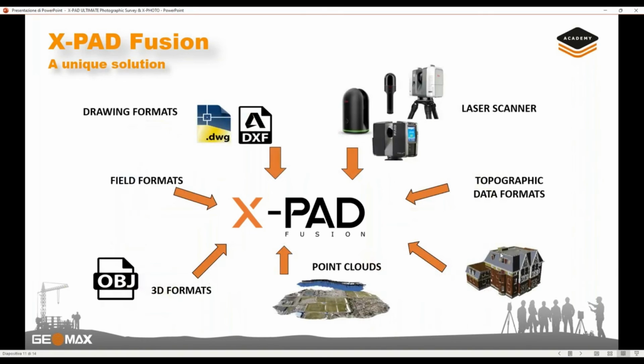We can import not only from the Geomax world, but also from third-party solutions, so 3D formats such as OBJ, meshes, drawing formats, topographic data formats from other brands, point clouds, and also BIM files.